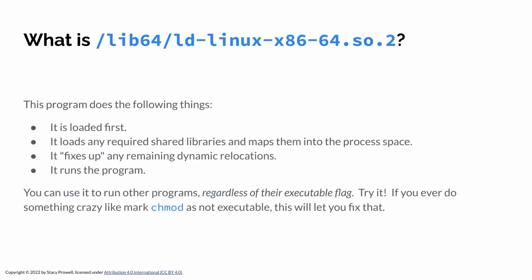It does some stuff. Namely, it gets loaded first. Then it loads any required shared libraries and maps them in the process space. It fixes up any remaining dynamic relocations in our code, and then it transfers control to our code's entry point.